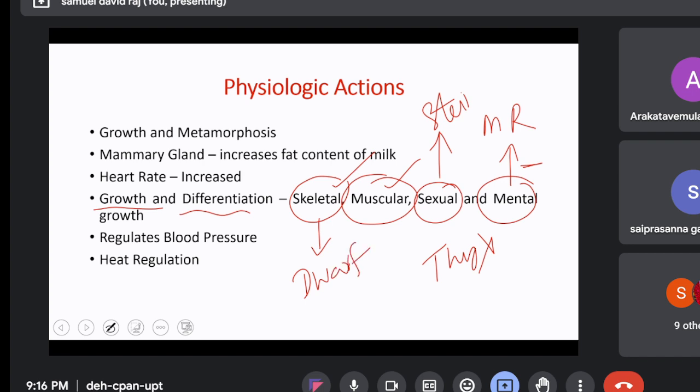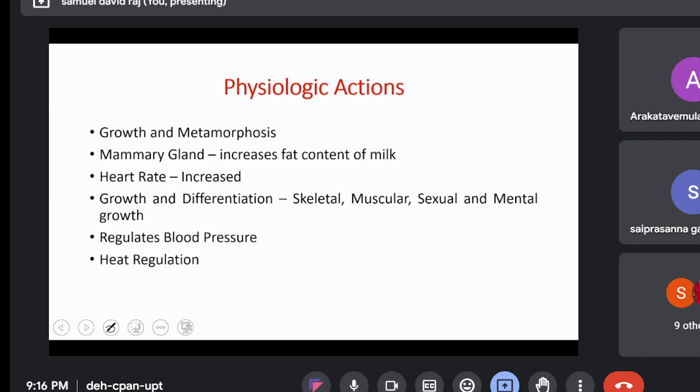That much impact is there with respect to the thyroid gland. And coming to the final and fourth important function, that is called growth and metamorphosis. Scientists found that thyroxine is also responsible for growth and metamorphosis.